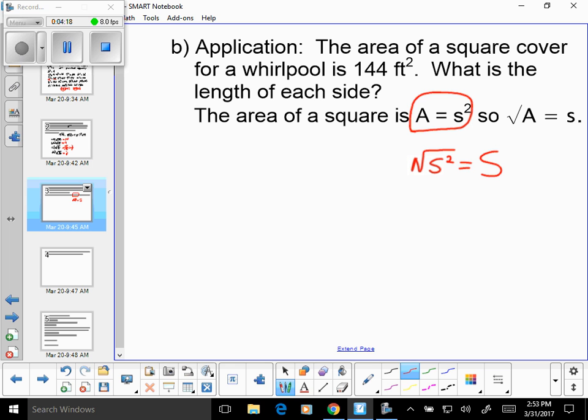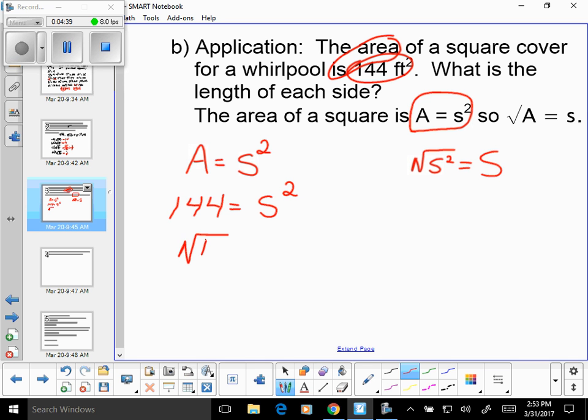So let's try this. First of all, we're going to write our formula down. The area of a square is side squared. This time it tells us that the area is 144. We're going to substitute that for A equals side squared.